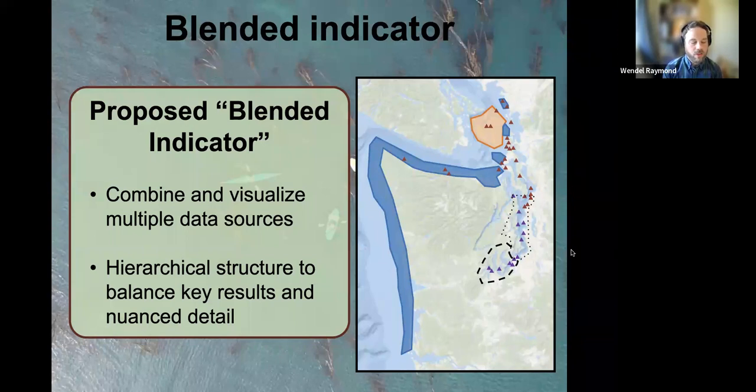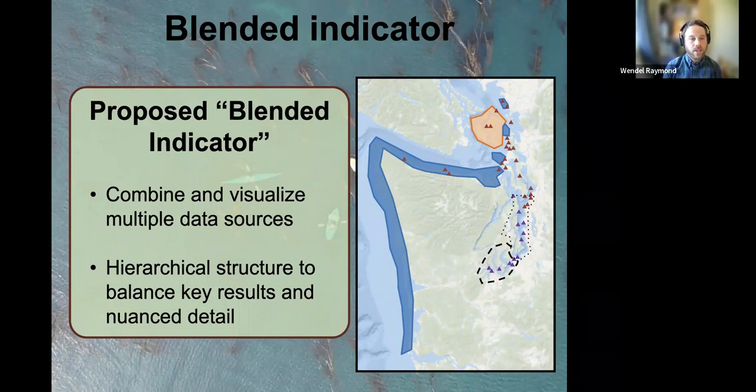So, in an effort to combine the feedback that we received from phase 1 of this project, the Puget Sound Partnership requirements and goals for vital signs and indicators, and incorporate as much data as possible and different ways of knowing and engaging the community, what we're going to walk through today is what we call our proposed blended indicator.